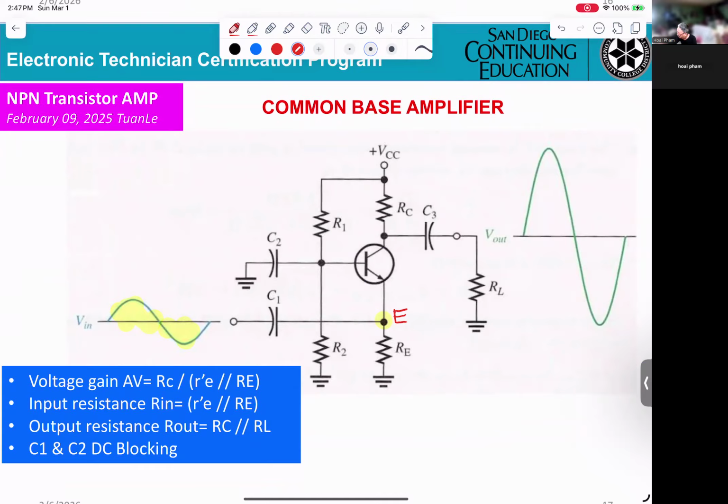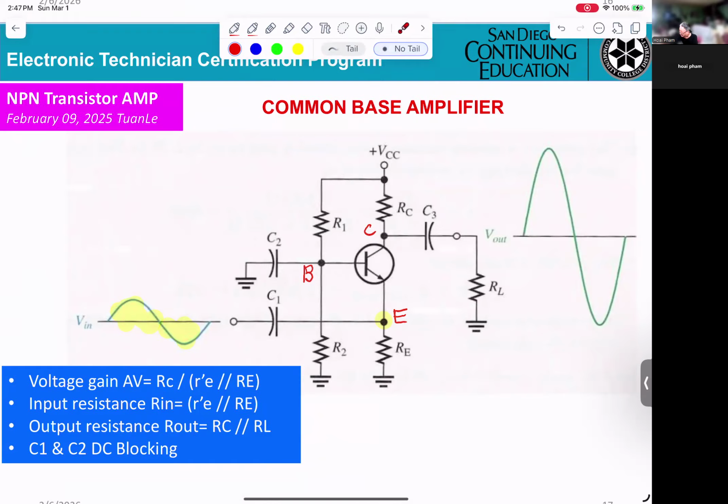Collector here. Okay, and this is the base. Okay, so voltage gain will be equal to RC divided by R prime E parallel with RE.